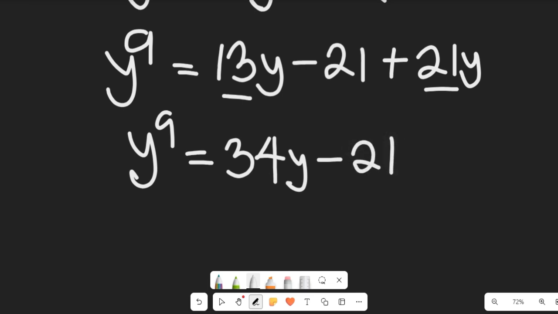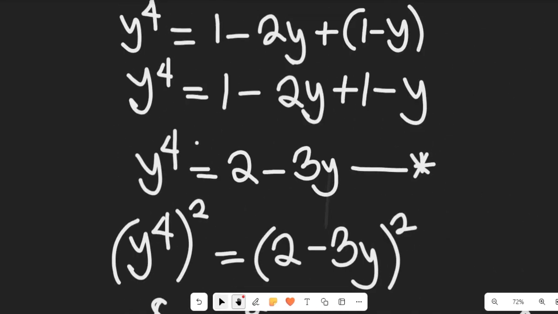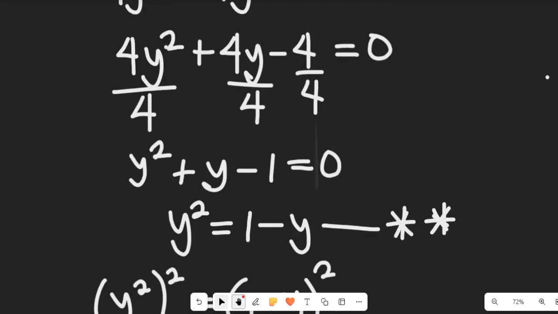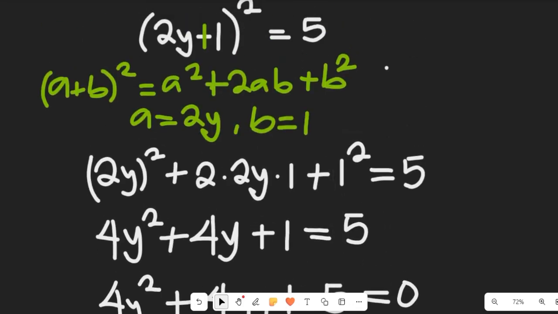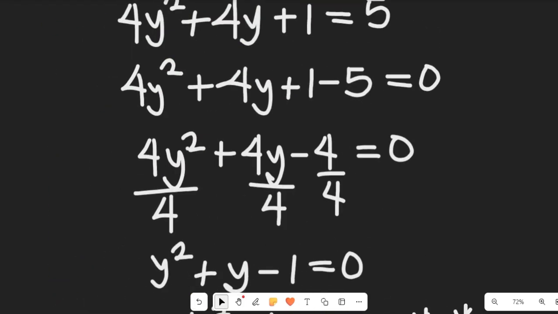Great. Now, in 34y minus 21, you recall that the value of y is equal to the square root of 5 minus 1, divided by 2.